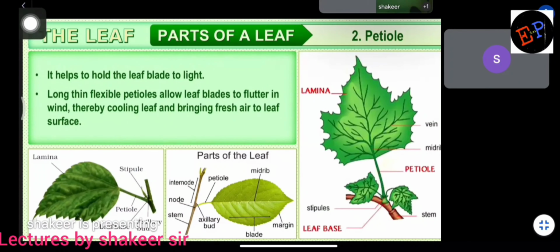So what is the advantage of the petiole? Already we have discussed one advantage: it is responsible for holding the leaf to the stem. And one more advantage is that it is responsible for movement of the leaf also. It helps to hold the leaf to the light.